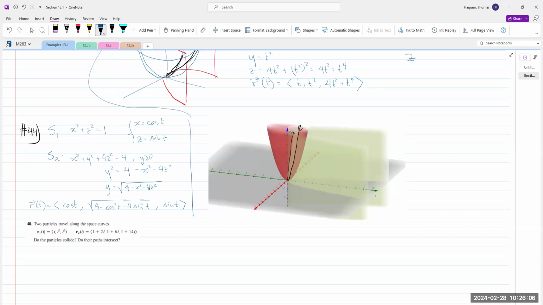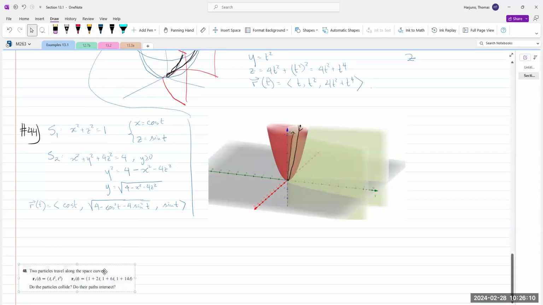I think I can simplify the y component a bit. Let's do that. Well, because this guy and one of the sine squared give you another one, right? So this is 3 minus 3 sine squared t. Am I right?